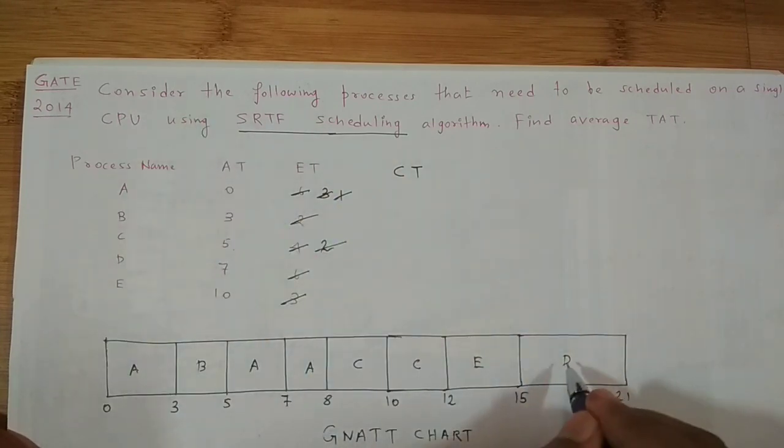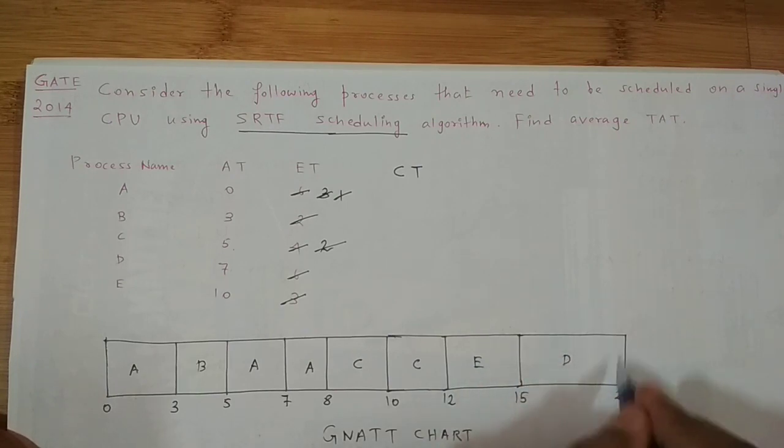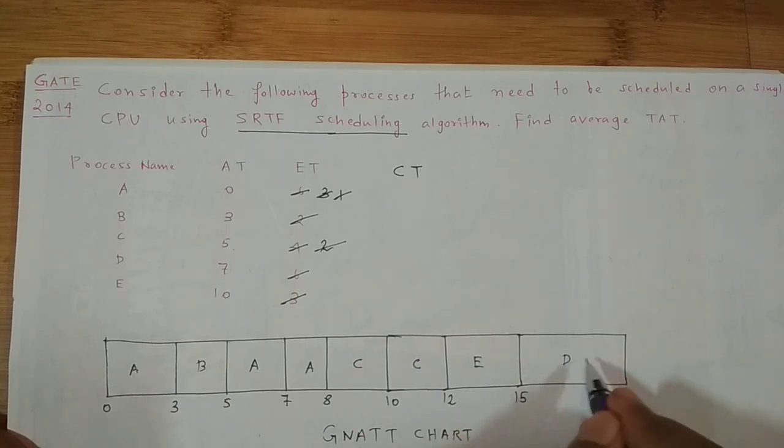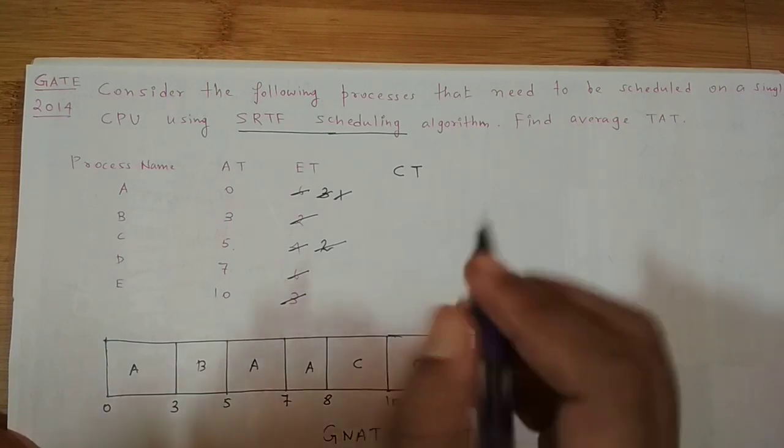Now while traversing, I find process D. Process D has a time slot of 6 units, and this time slot gets over at time 21. So the completion time of process D is 21.